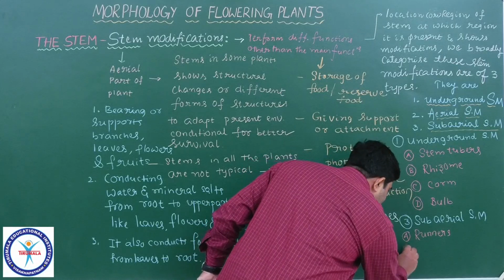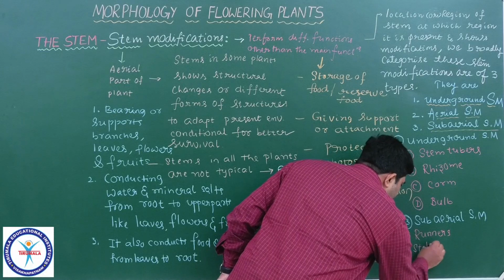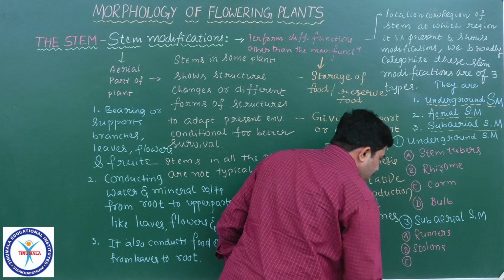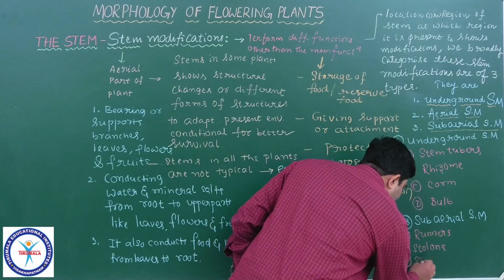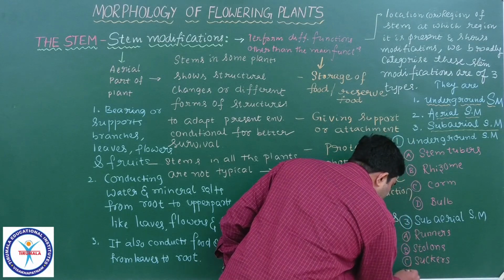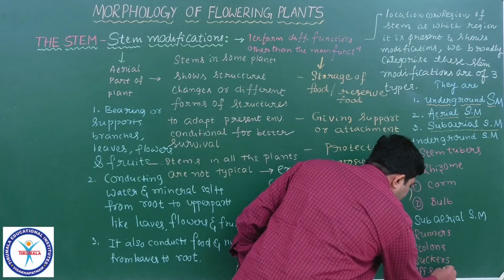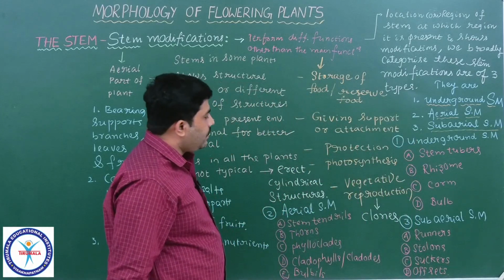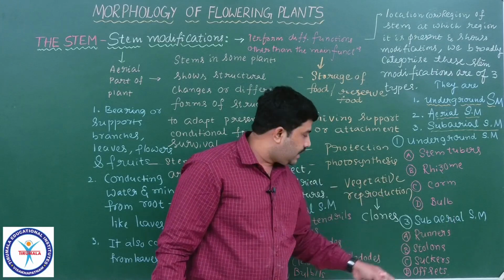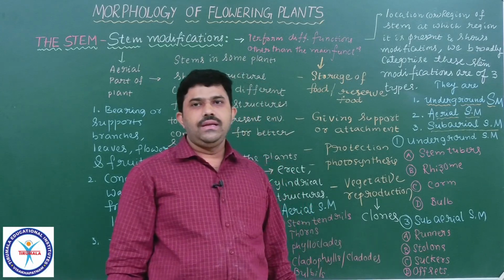The second one is stolons. The third one is suckers. The fourth one is offsets. So we have these four different types of subaerial stem modifications. They are runners, stolons, suckers and offsets.